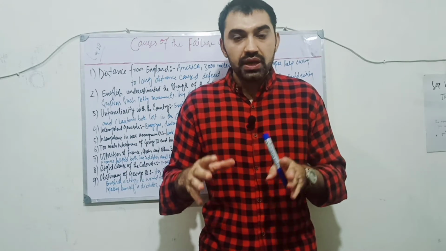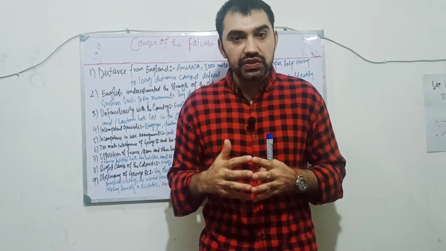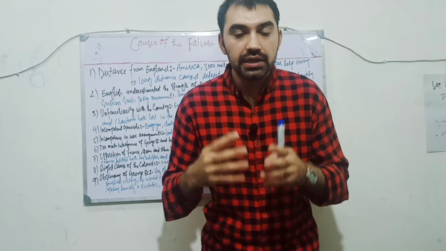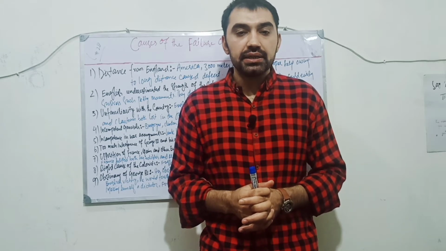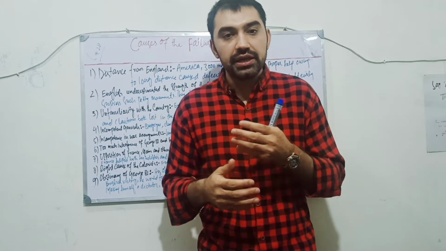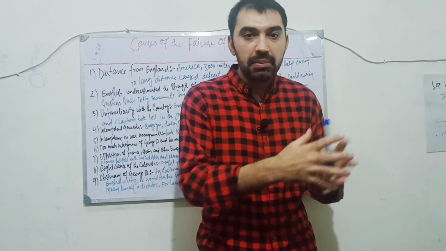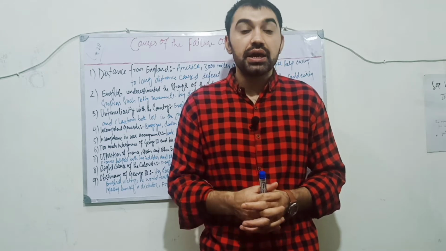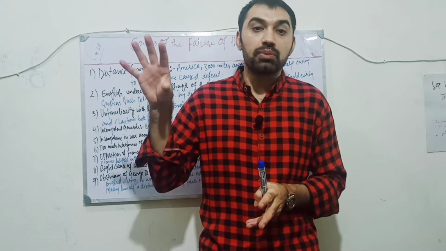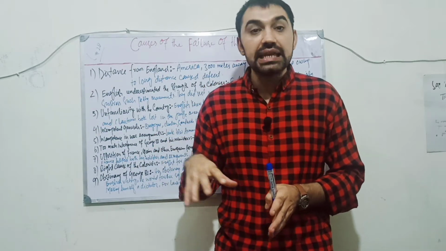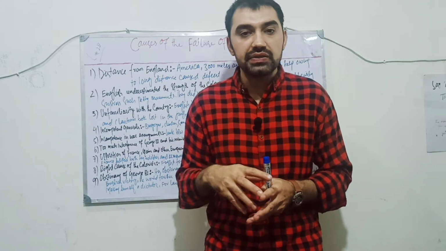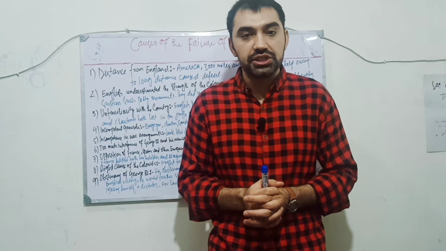So at that time, this distance led to a delay in proper support, in providing proper armaments, hardware, and also in dispatching messages on time. So this delay due to this long distance of 3,000 miles led to the failure of the British government.